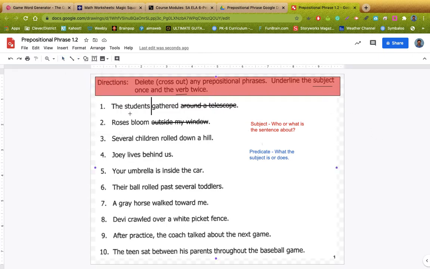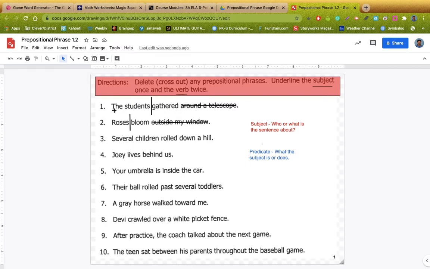So let's draw a line after it. Hopefully you said, it's about roses. Bam. There's your subject predicate line. It's separating the subject from the predicate. Roses bloom. Who or what is the sentence about? It's about roses. What are the roses doing? Well, they're blooming. Roses bloom.